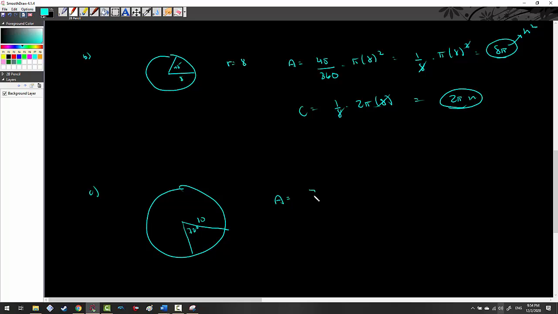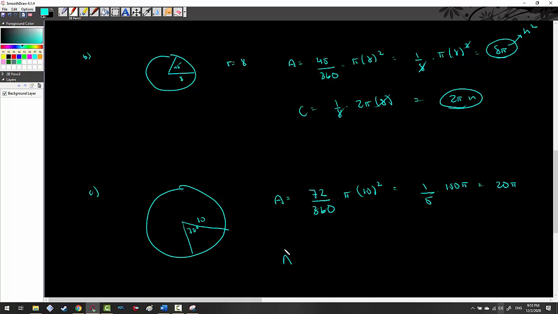So from here, that means 72 out of the 360 is going to be multiplied by pi times 10 squared. So what that becomes is 1/5 times 100 pi. 100 divided by 5 is 20, so 20 pi for the area.